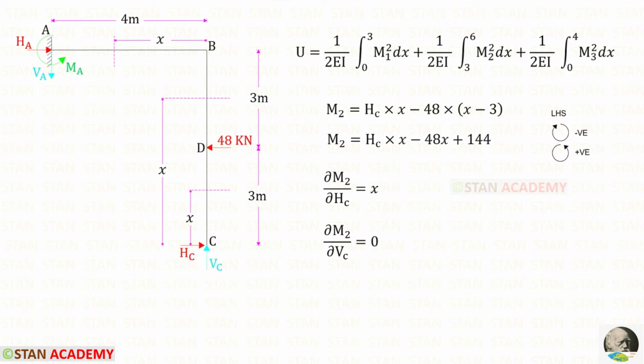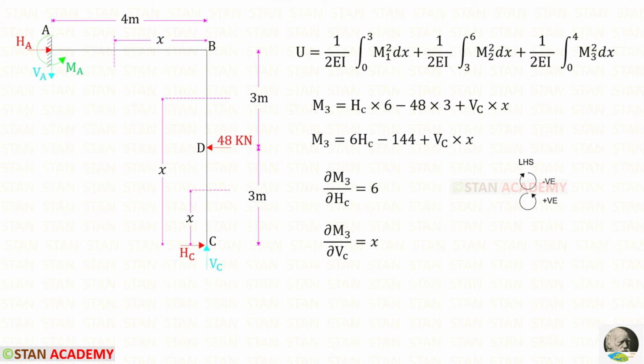Then we can multiply minus 48 with the x minus 3, so that we will get this. Let us partially differentiate M2 with respect to HC. For HC it will be 1. In these two terms there is no HC, so the differentiation will be 0. 1 into x it will be x. Let us partially differentiate M2 with respect to VC. In these three terms there is no VC, so the differentiation will be 0.